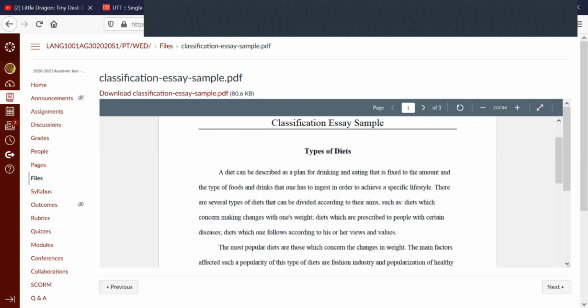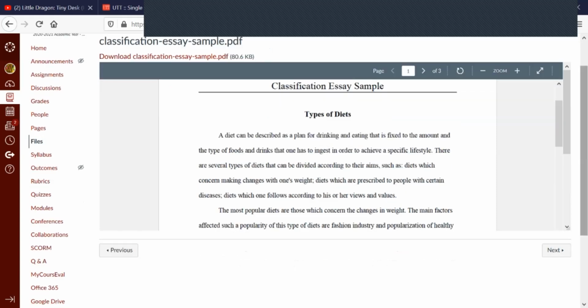Here, we're saying that these different eating habits are diets because they meet the traits of what we know a diet to be. And you could go back and read this at your own pace, at your own leisure. We won't read through it today, though it's short.